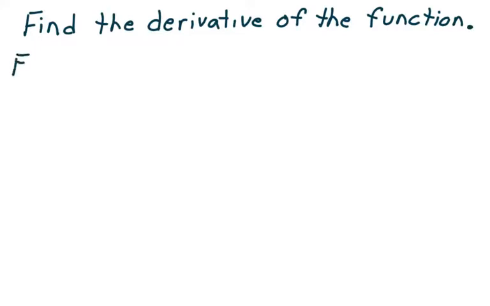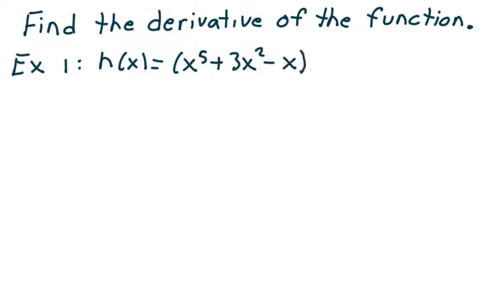So let's go ahead and start with example 1. Suppose I had h of x is equal to x to the 5th plus 3x squared minus x, raised to the 50th power. Now, let's identify the inner function and the outer function.